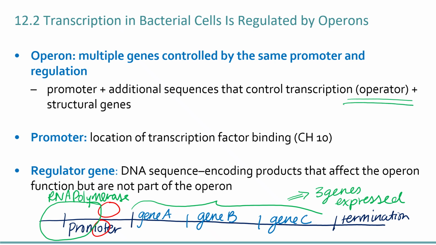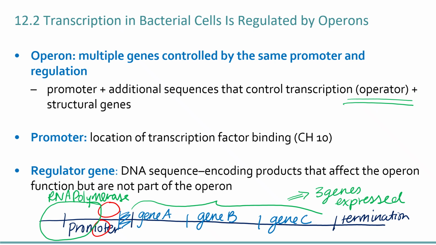In the operator, this is going to be where we truly control if our genes are turned on or not. And that operator sequence will be found ahead of those genes near the promoter region. So we've already learned that the promoter is where our transcription factor binds. And then we have also these sets of regulator genes.